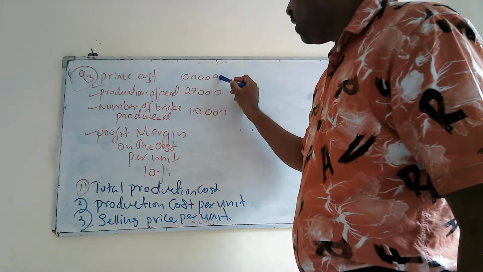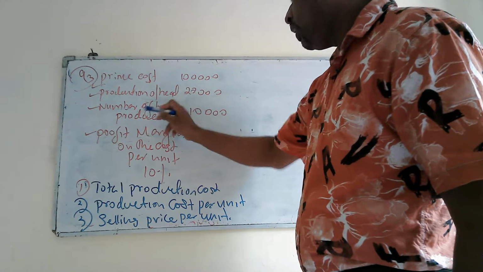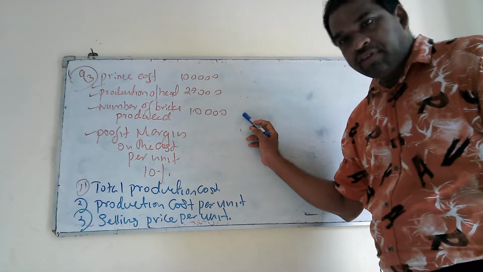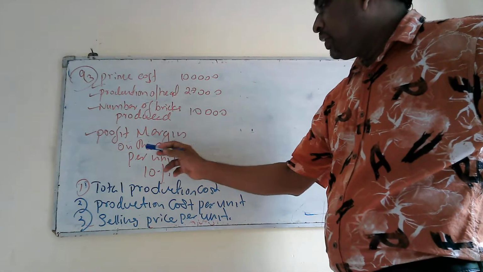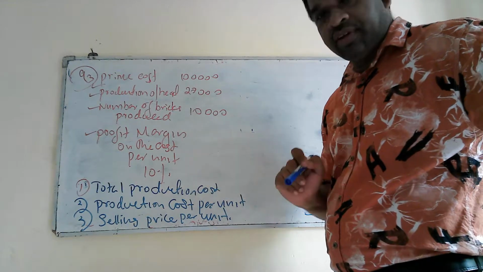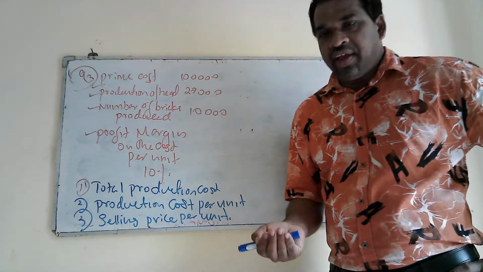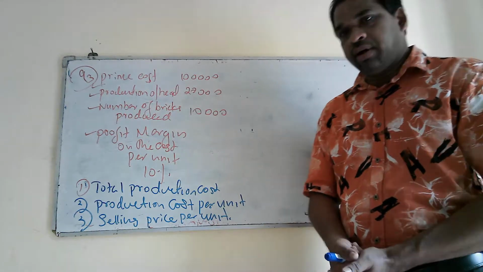Here prime cost is 100,000, production overhead 28,000, number of bricks produced 10,000 units in a brick producing factory, then profit margin on the cost per unit 10%. Here we are going to understand how to decide unit cost, how to decide profit margin, and finally how to decide the selling price of a company.